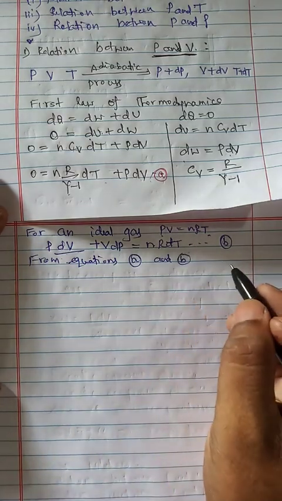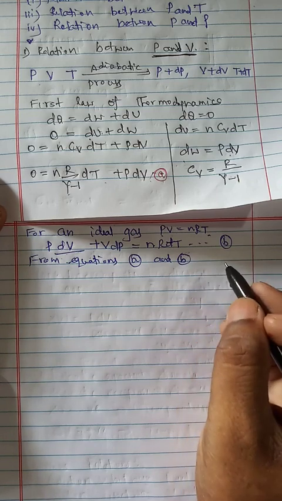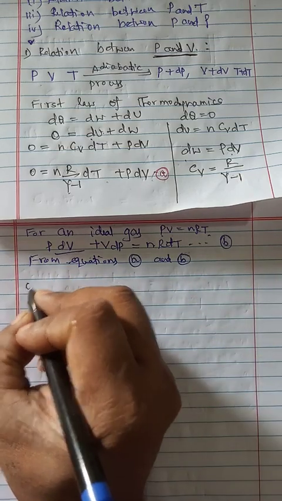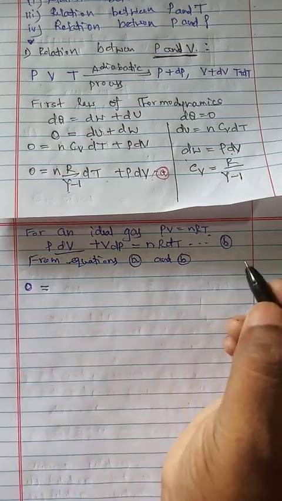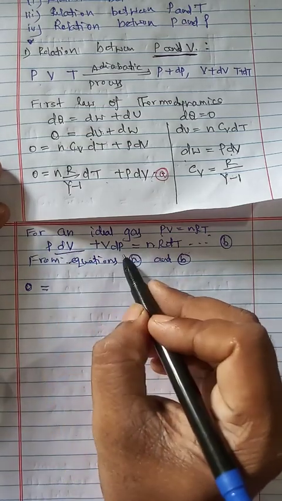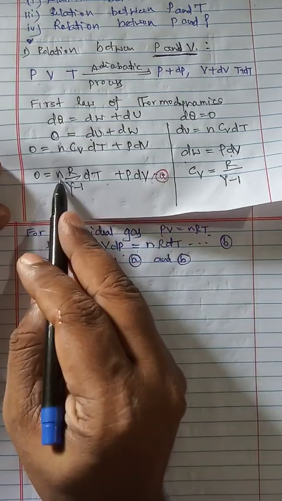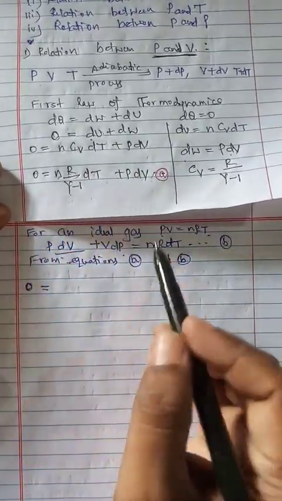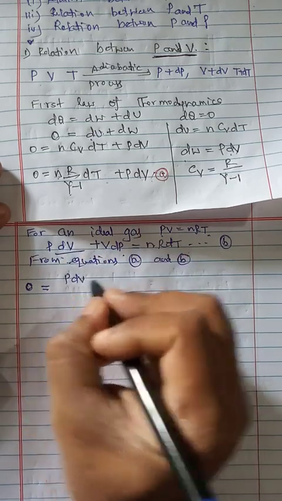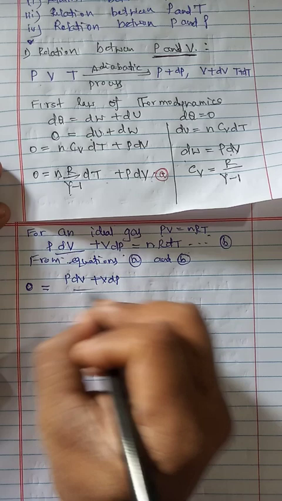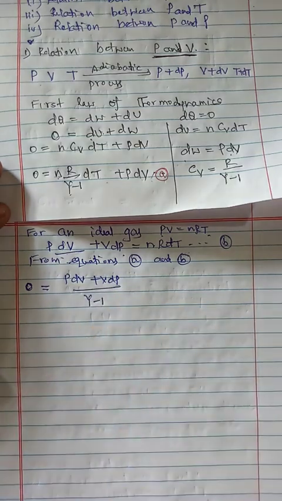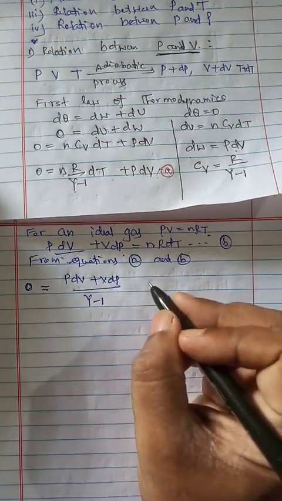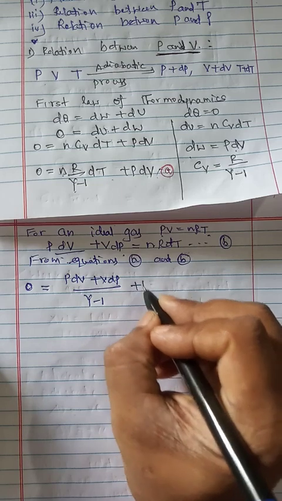Already we got P dV plus V dP is equal to nR dT. See here, nR dT in the denominator. So nR dT is equal to P dV plus V dP, divided by gamma minus 1 plus P dV.